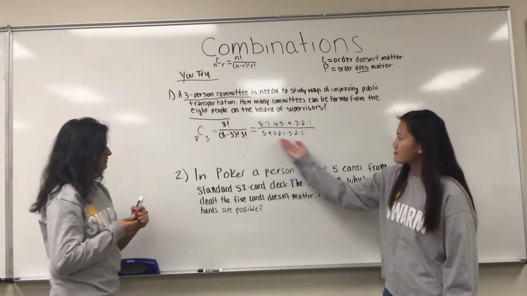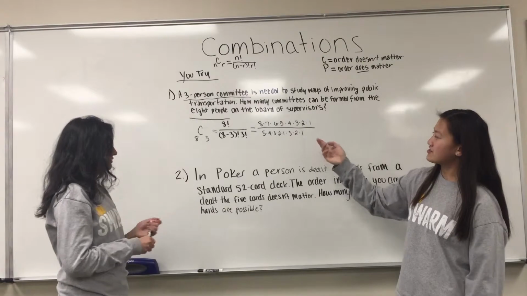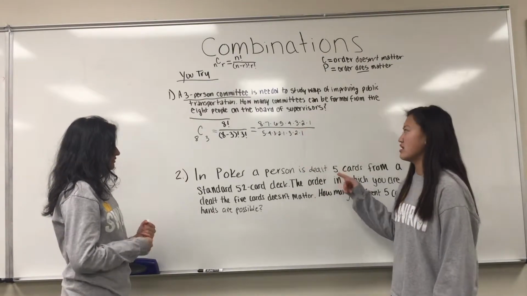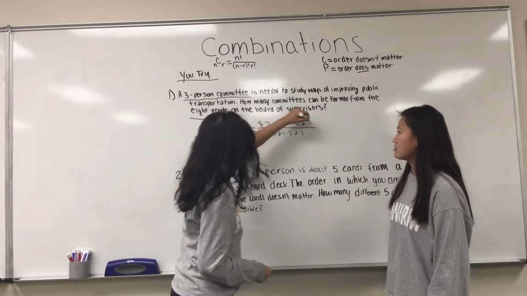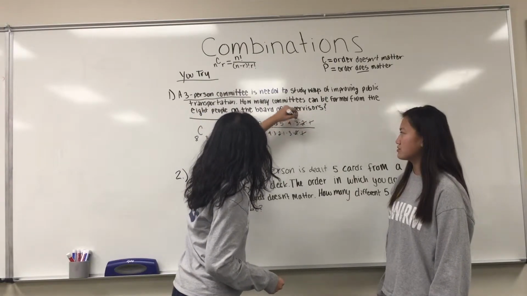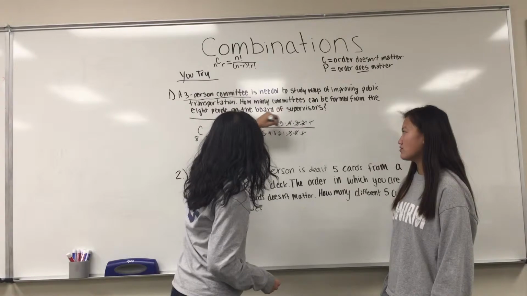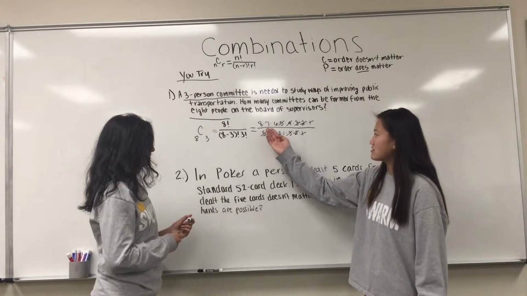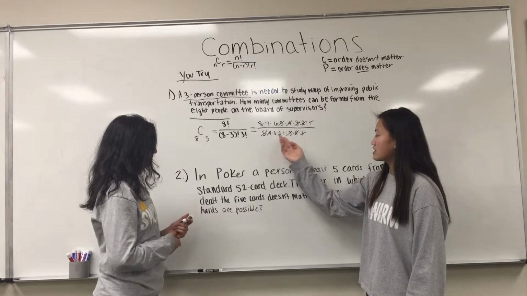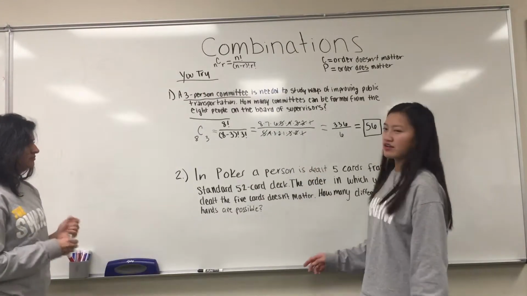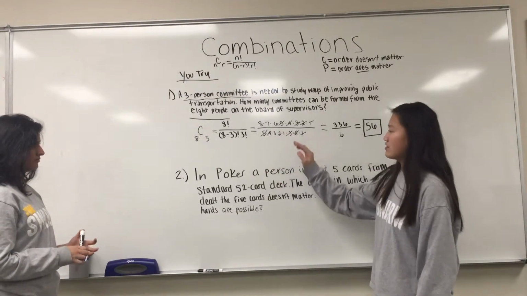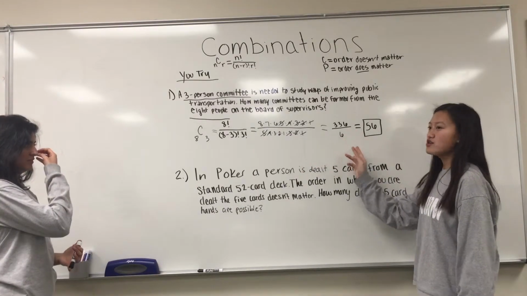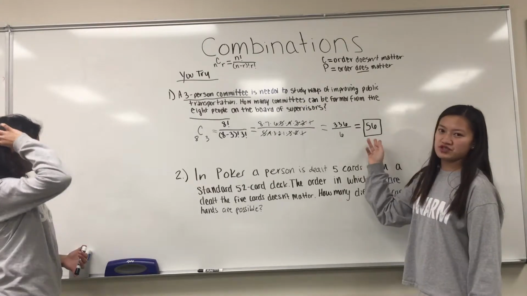Fully written out, you can see common numerators and denominators, so we can cross those out: the 1s, 2s, 3s, 4s, 5. So we have 8 times 7 times 6 over 3 times 2 times 1. After doing the multiplication, we get 336 over 6, which simplifies to just 56.